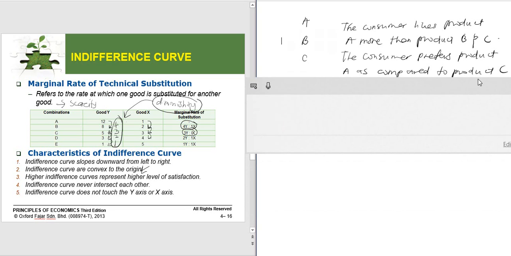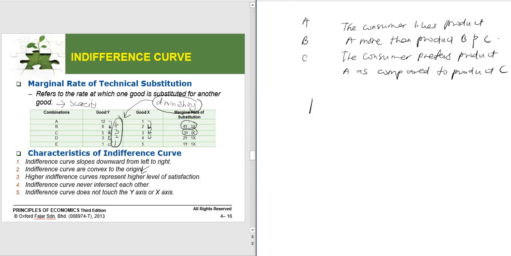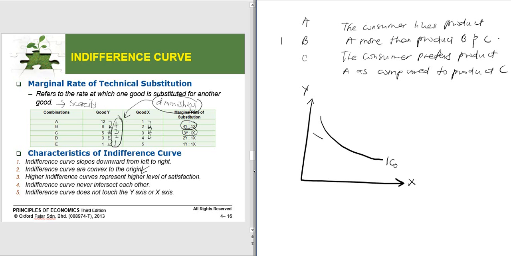For example, if I show you a graph of product X and product Y with different indifference curves, let's say IC0 and IC1 intersect with each other. These two then show different levels of satisfaction.